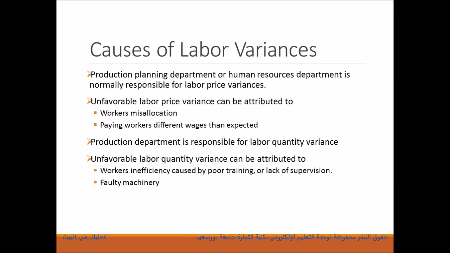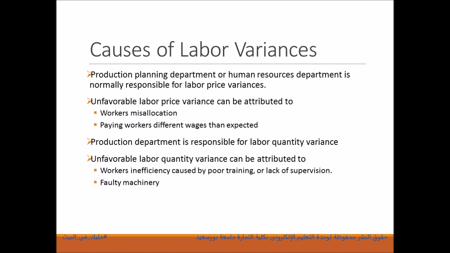As mentioned previously, we need to understand the underlying reasons of unfavorable variances. Unfavorable labor rate variance can be attributed to workers' misallocation or paying workers different wages than planned. And normally, the production department or HR department is responsible for labor rate variances.